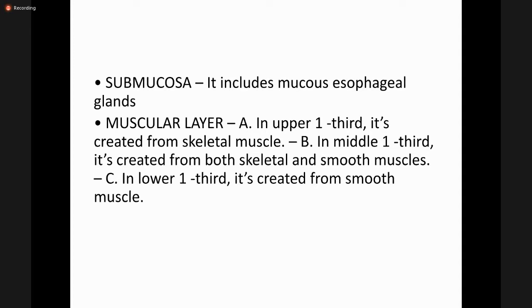In the upper one third of the esophagus, the muscular layer is created by skeletal muscles, the lower one third is created by smooth muscles, and the middle one third is a mixture of smooth and skeletal muscles.